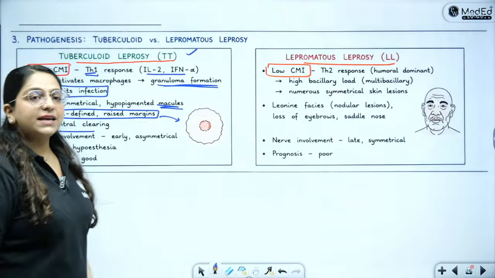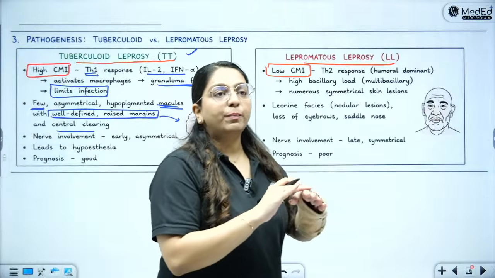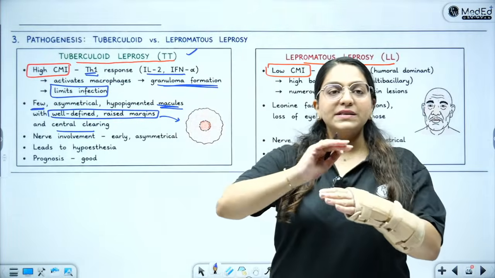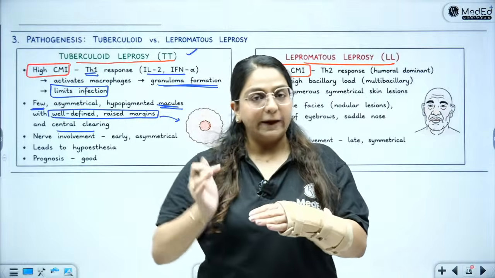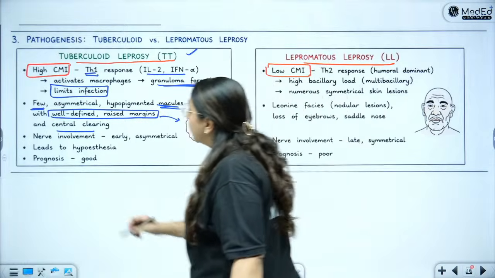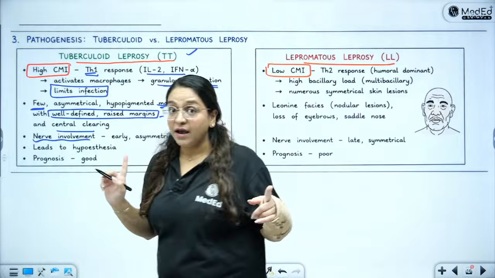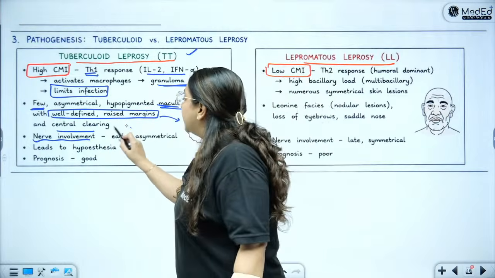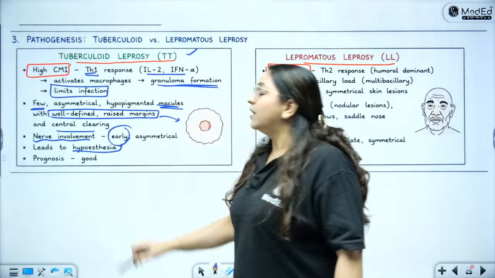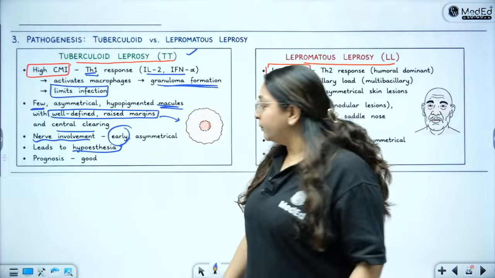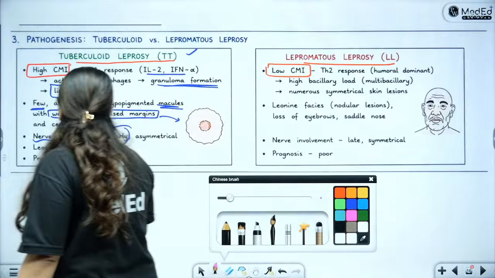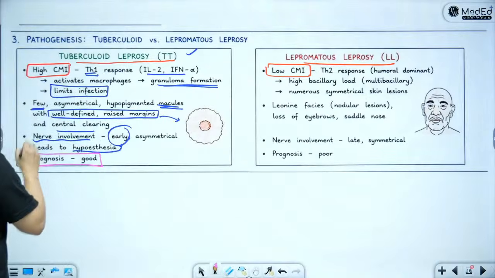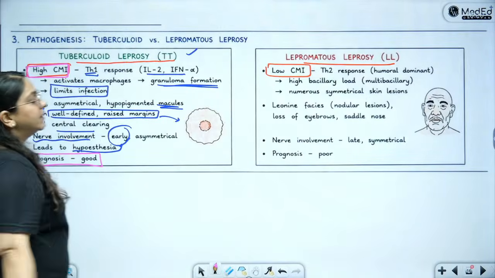In the person's skin, you will have white hypopigmented patches surrounded by raised margins. And the nerve involvement is going to be less, but whatever nerve is involved is going to be involved as an early hypoesthesia. However, the prognosis in this person is definitely going to be good because the person has high cell-mediated immunity.